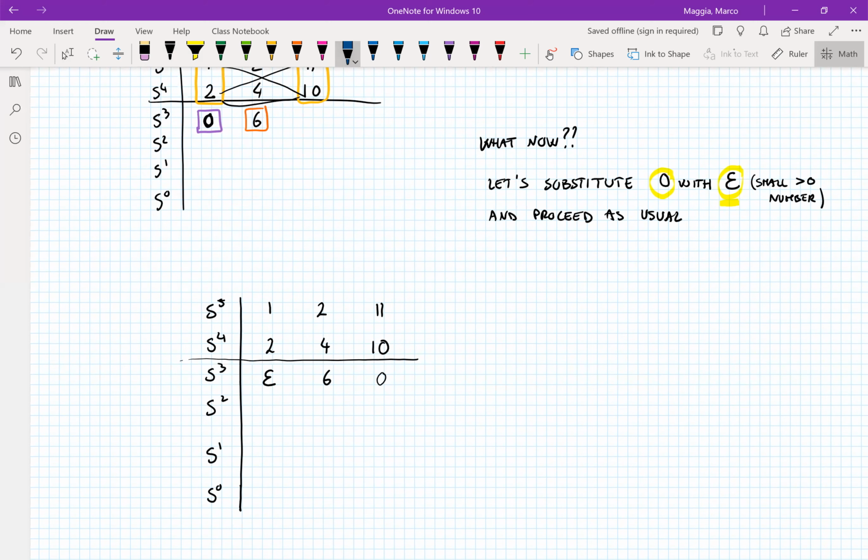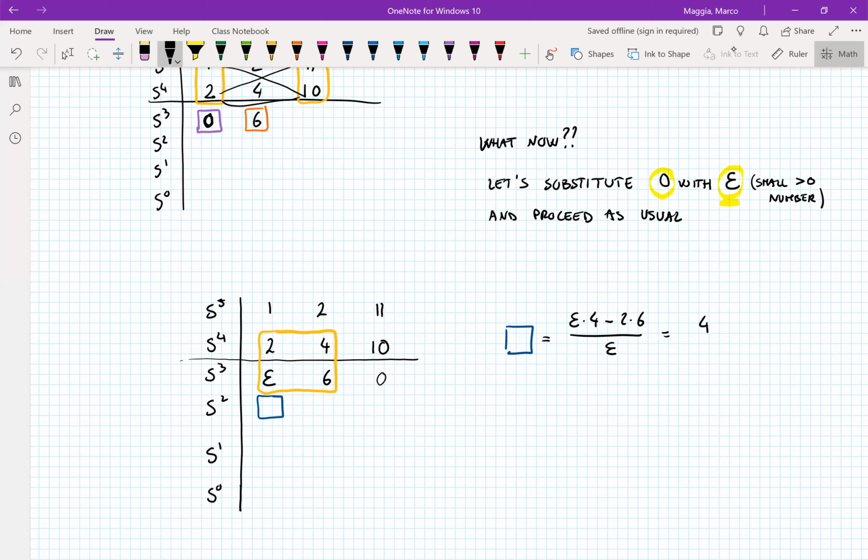So let's say we want this term here. Which coefficients should we consider? These 2 and these 2. So this term is going to be equal to epsilon times 4 minus 2 times 6 divided by epsilon.